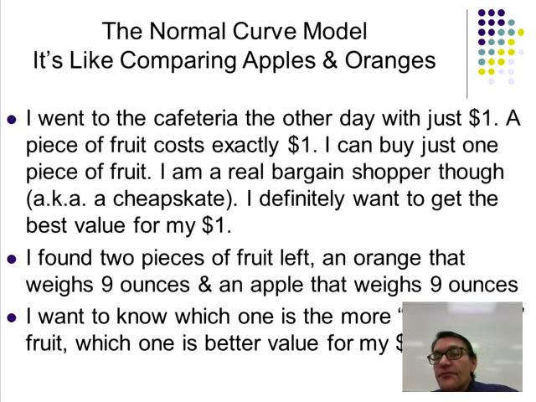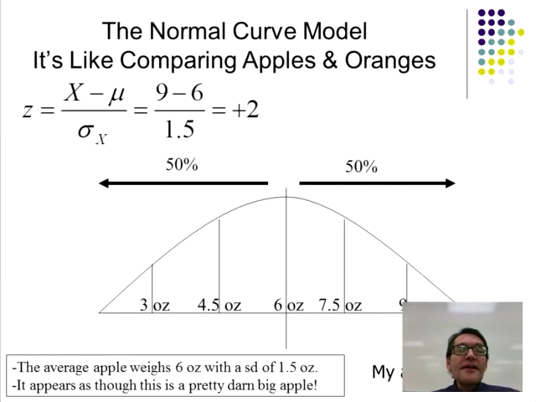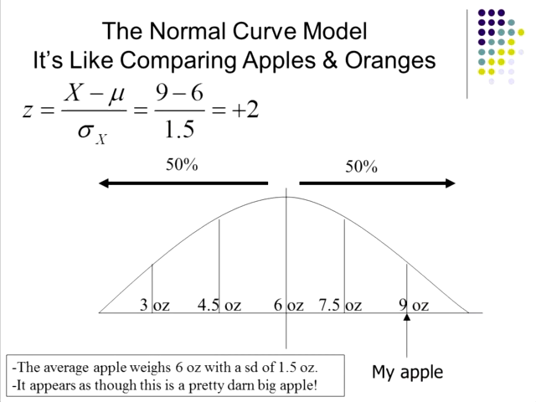So what I'm going to do is calculate the z-scores. Imagine I know this information. I know it's a little bit weird, but you can imagine. Imagine we know that apples weigh 6 ounces on average with a standard deviation of 1.5 ounces. Take these pieces of information. Now, go to the top left corner. Z equals x minus mu divided by sigma sub x. As we said, mu is 6. That is a given to us.